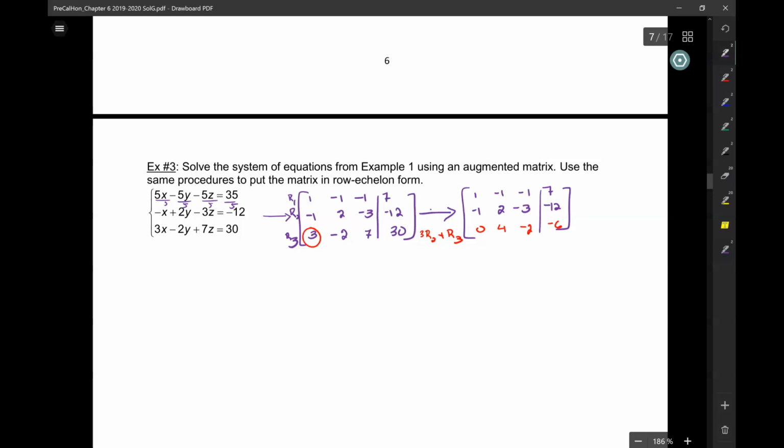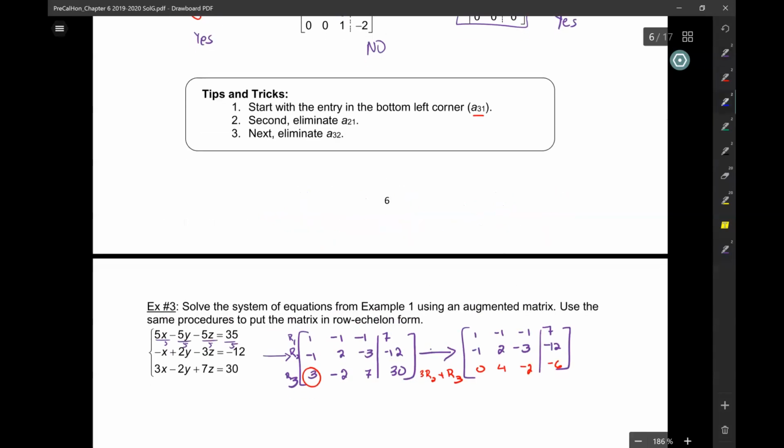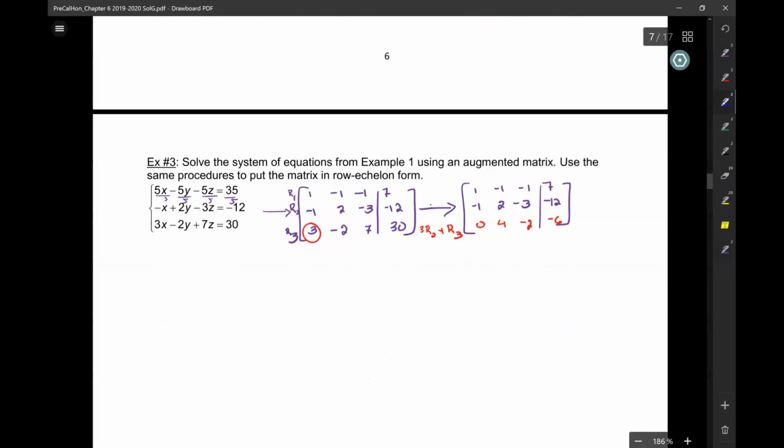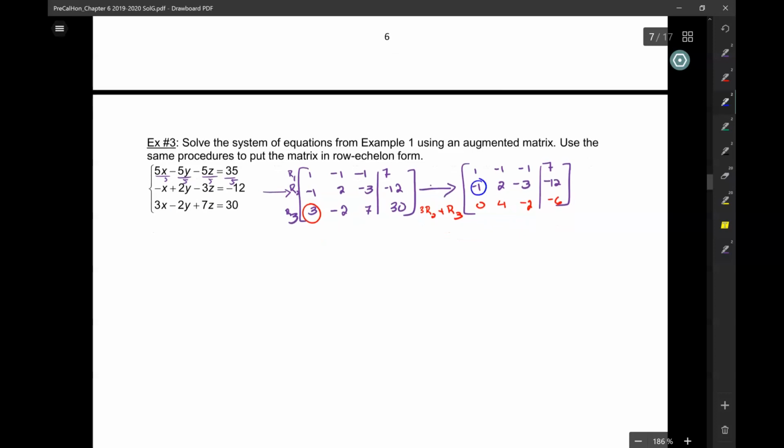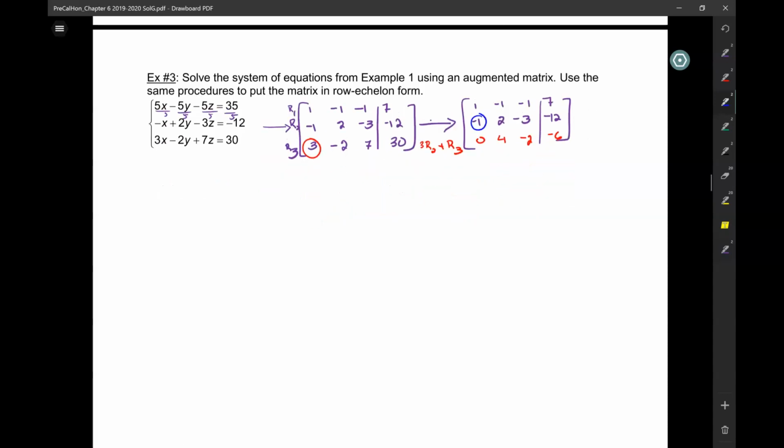Okay? All right, what do I say to do next? Eliminate A21. Next, I want to eliminate this one. It's very helpful to do it this way, though, in this order. So next, how am I going to get rid of that one? You just have to add 2 rows, right? So let me just copy whatever I'm not changing.